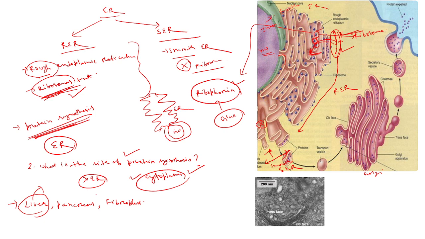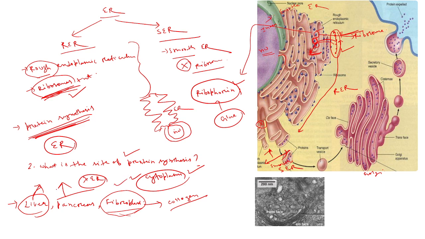Liver is responsible for the formation of many enzymes and proteins, so that's why the liver contains a high amount of endoplasmic reticulum. Along with that, the pancreas is also a site of production of many proteins and lipids. And the fibroblast is simply a connective tissue. It synthesizes collagen. Collagen is synthesized by the fibroblast, so the fibroblast also contains the endoplasmic reticulum.